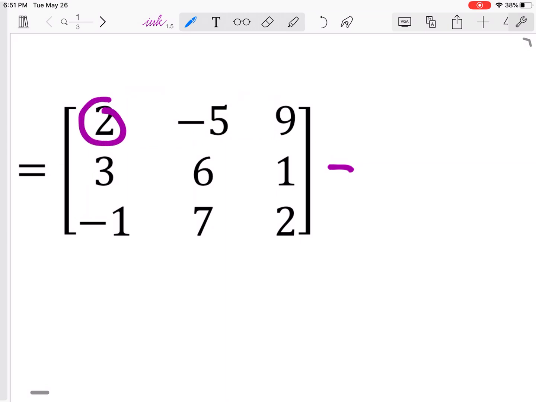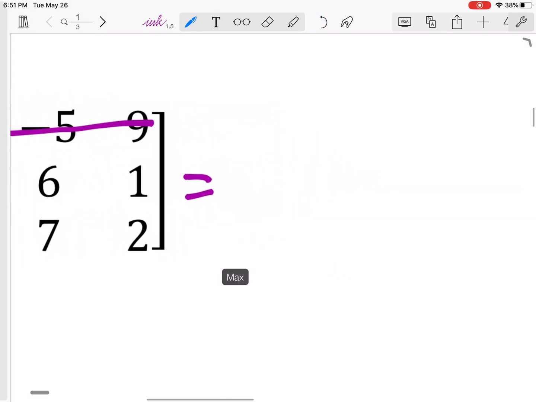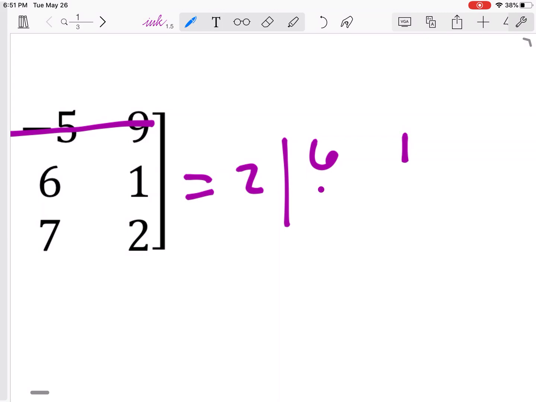If I look at this 2, what I need to do is now ignore anything that lines up with it horizontally or vertically. And what we're going to do is multiply 2 by the determinant of these remaining values. So it would be 2 times the determinant of 6, 1, 7, 2.